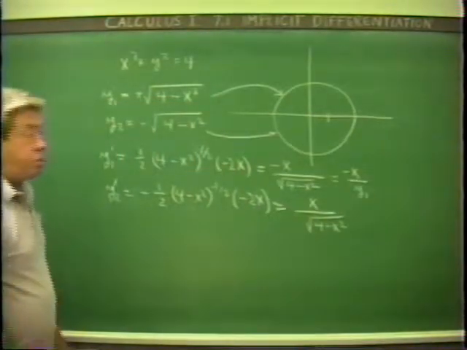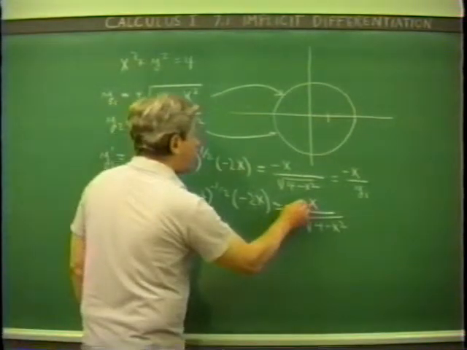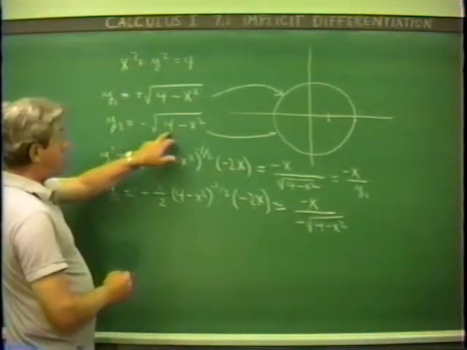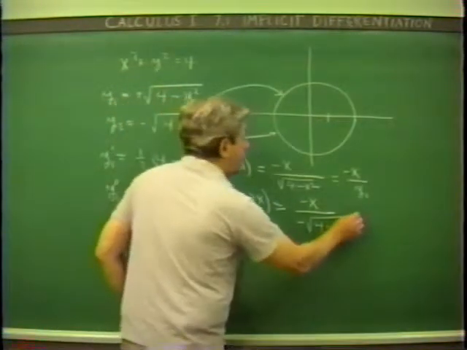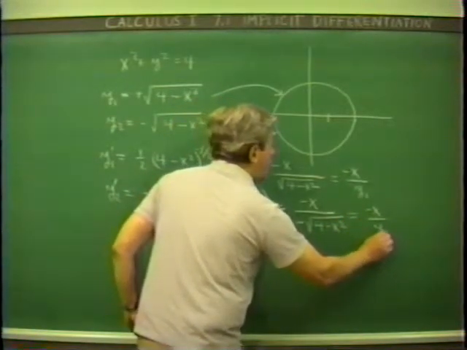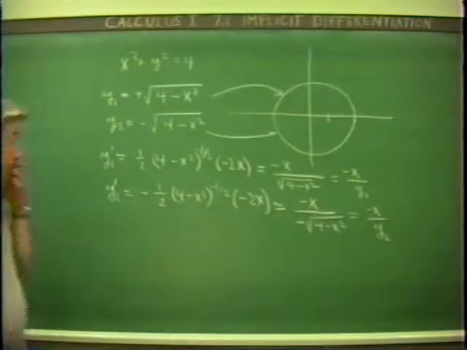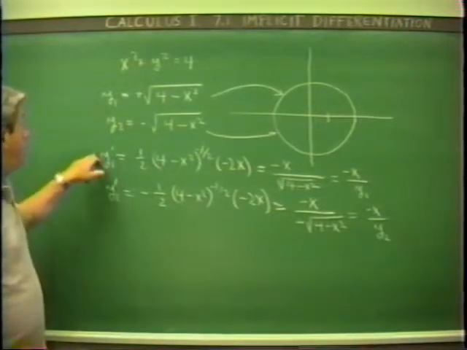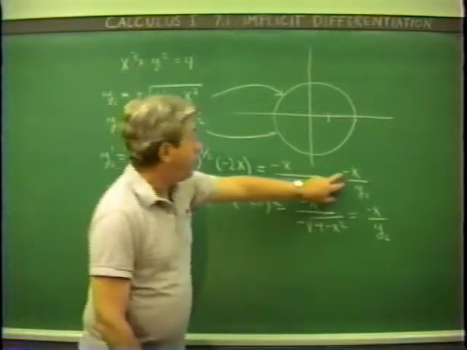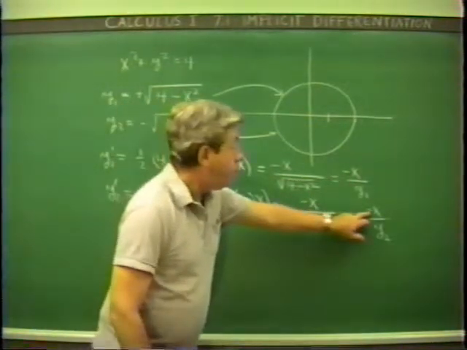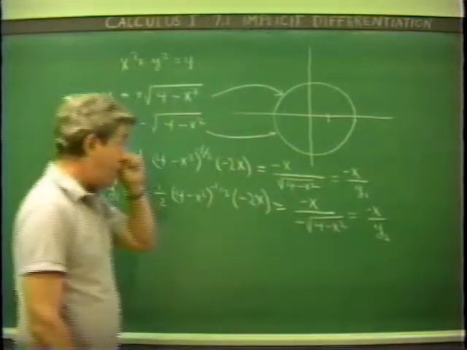If I multiply numerator and denominator by minus 1, and y2 was minus the square root of 4 minus x squared, this is equal to minus x over y2. So in either case, the function y1 has for its derivative minus x over y1, and y2 has the same formula for its derivative, minus x over y2.